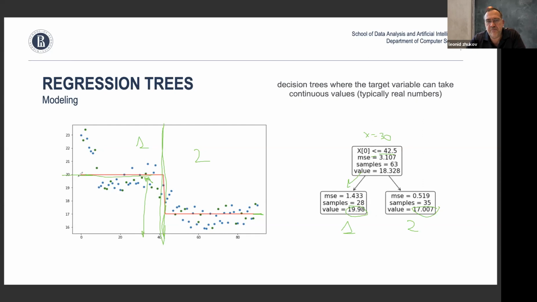And if x is, say, 50, then we'll go to the right branch, and the answer will be this. Make sense?